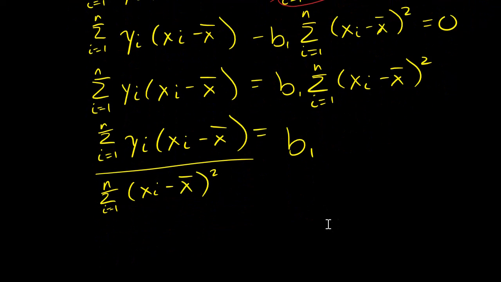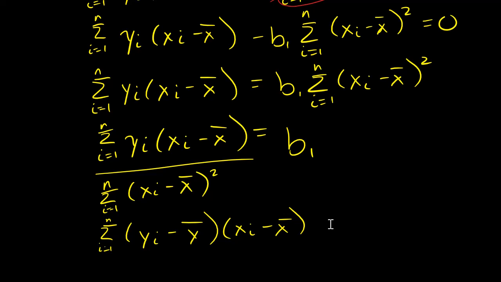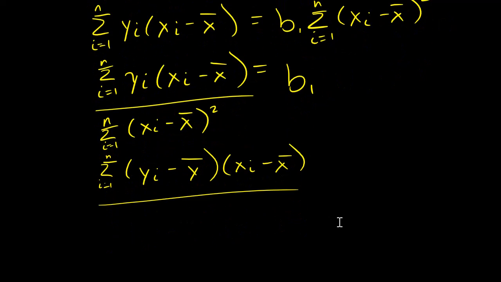Now, this is the same thing as the sum of yi minus y bar times xi minus x bar, divided by the sum of xi minus x bar squared.